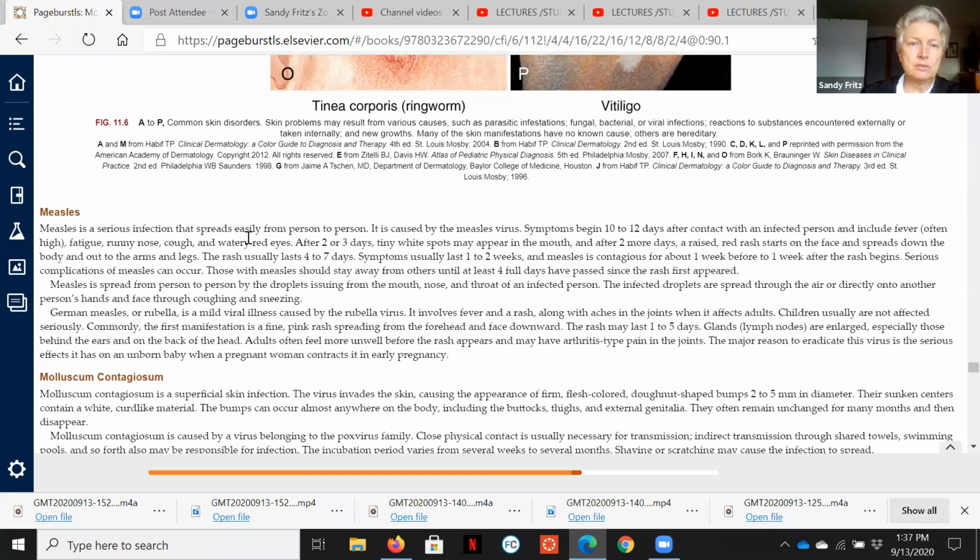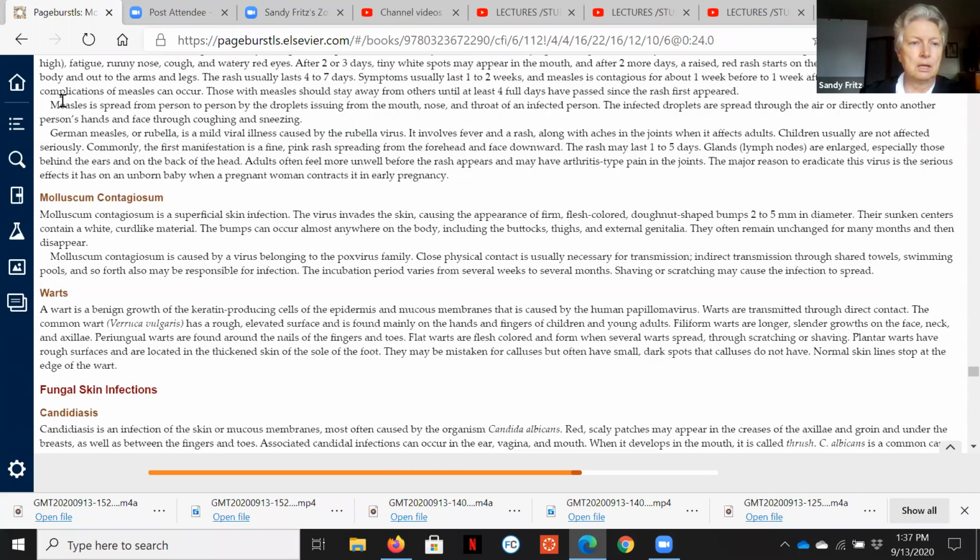So measles is a viral infection that erupts onto the skin. This is a more superficial hair follicle.